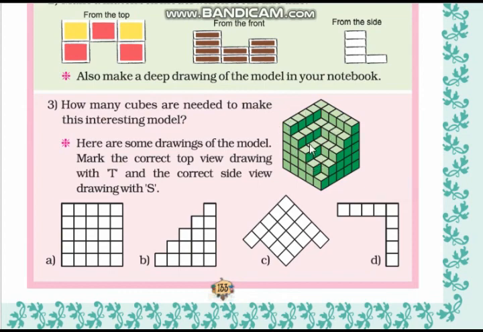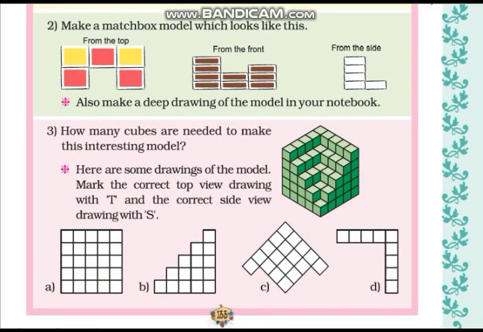From the top we can see this full part. So this is the correct option for top view. So we can write T here. Now side view. From the side we can see only this number of cubes. So this is the side view. So here options A and B are correct.